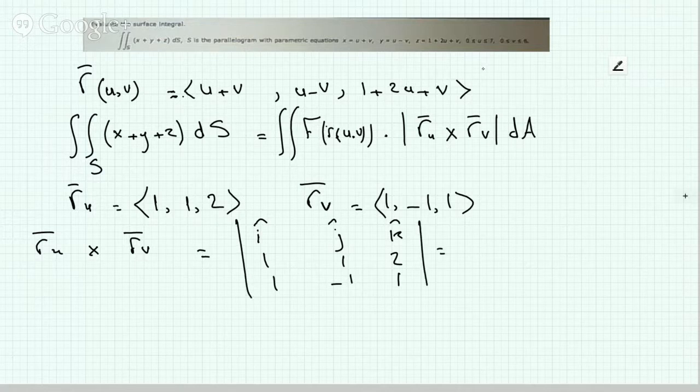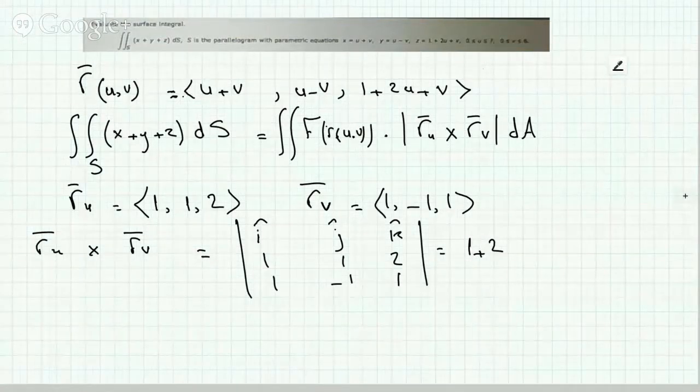So you hide the first row and first column. You take the determinant of that matrix. So that's 1 plus 2, in the i, minus.